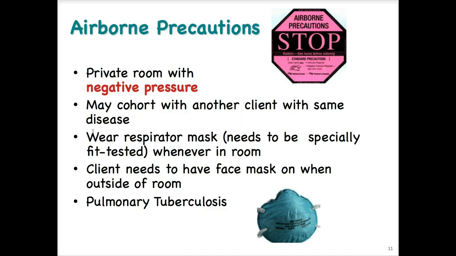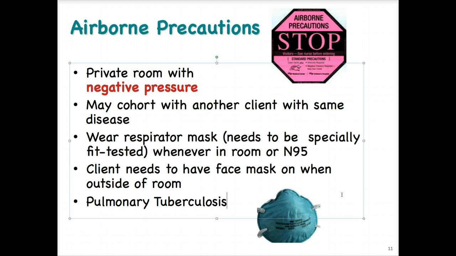You must wear a respirator mask or an N95 mask whenever you or the patient are going to leave the room. The patient needs to have a face mask on outside of the room. When you're caring for the patient, you need a mask on, even if they don't. When the patient leaves the room, they need a mask on.